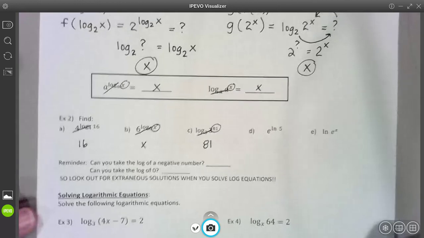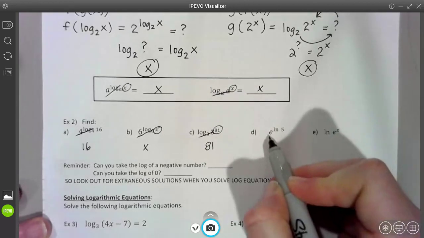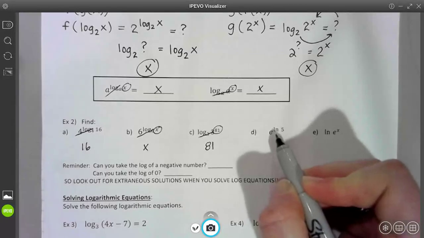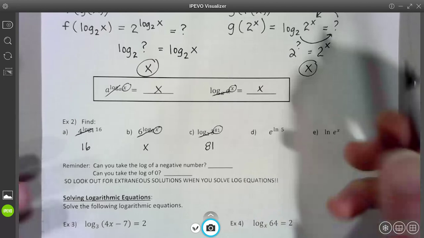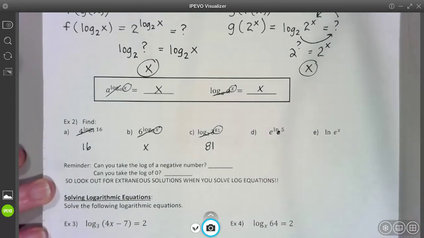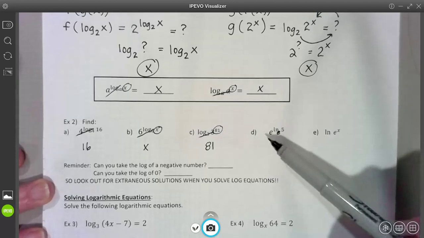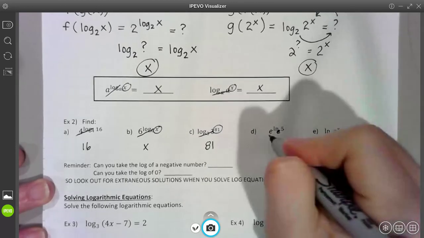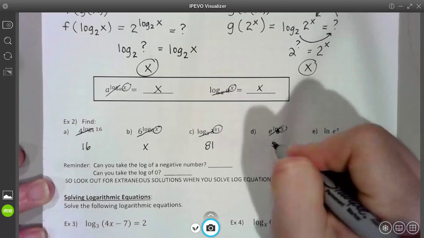Okay? All right, look here. I have a base e exponential raised to a natural log. Now remember, who is the assumed base of a natural logarithm? It's base e. So if you need to see that, the base of that natural logarithm is e. So a base e exponential raised to a natural log base e, they're going to cancel and leave you with just 5.